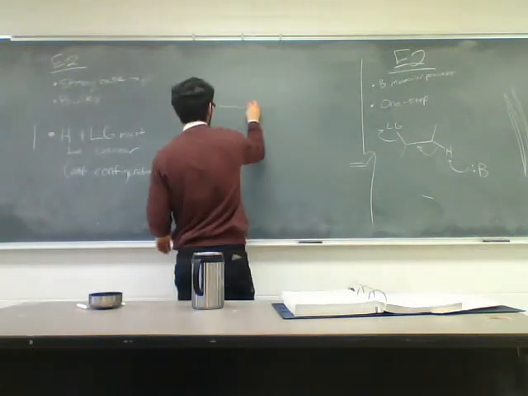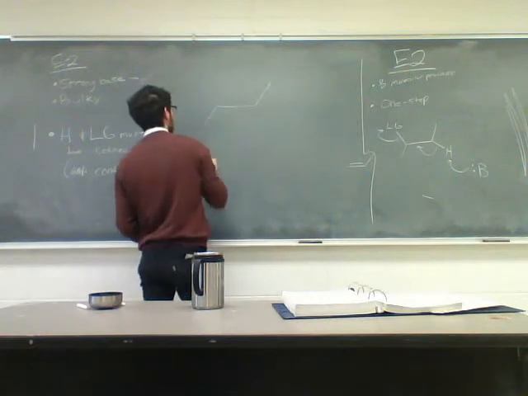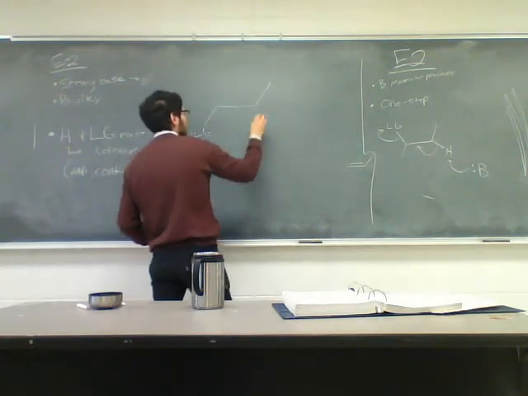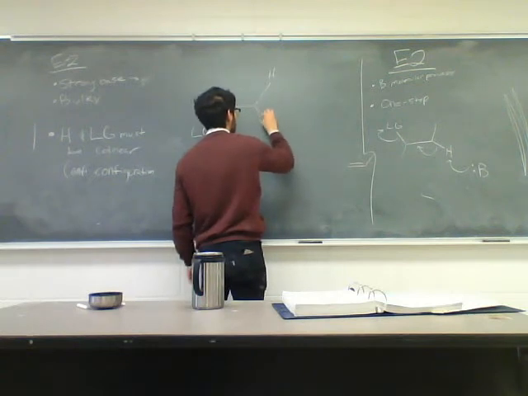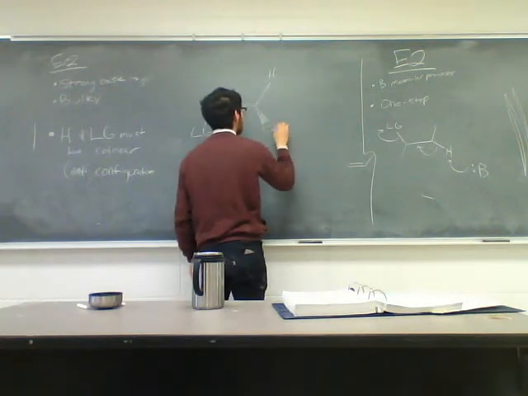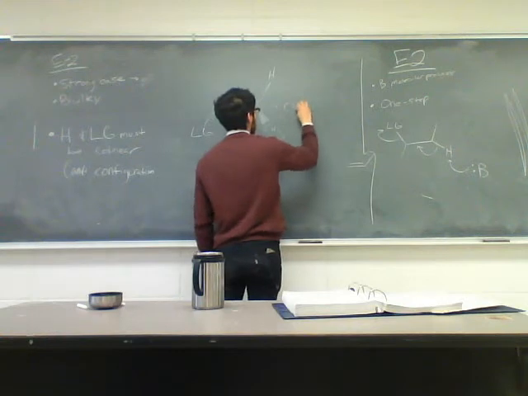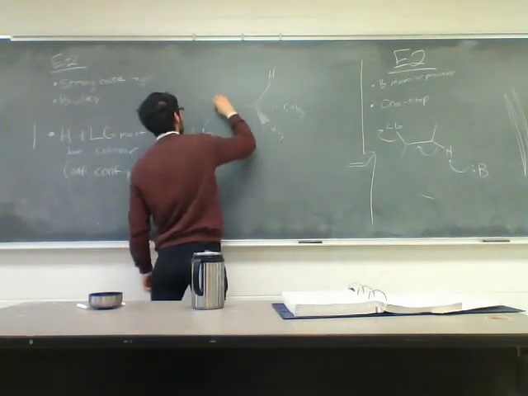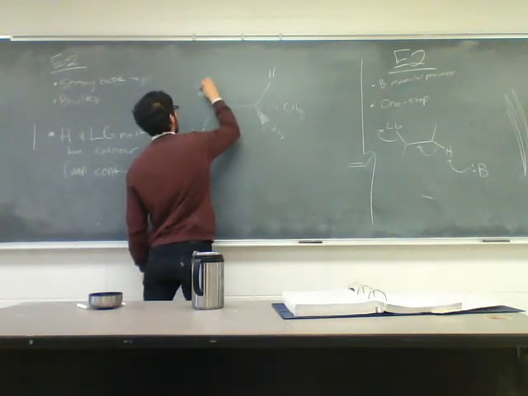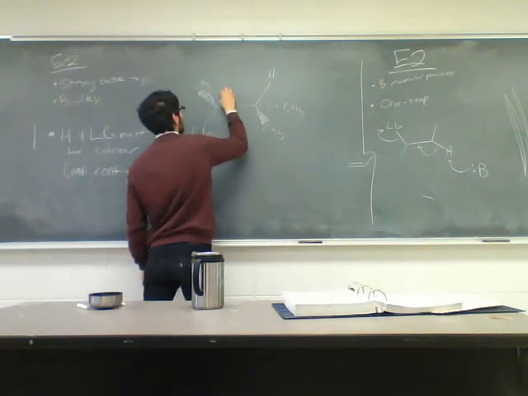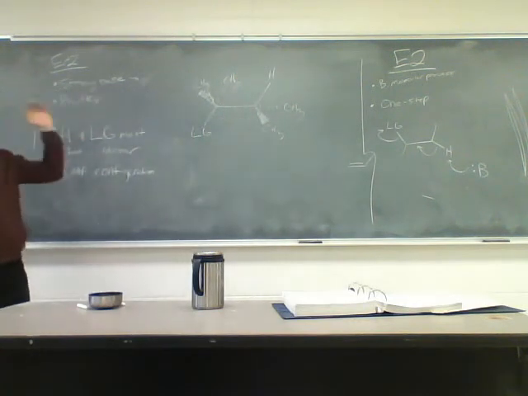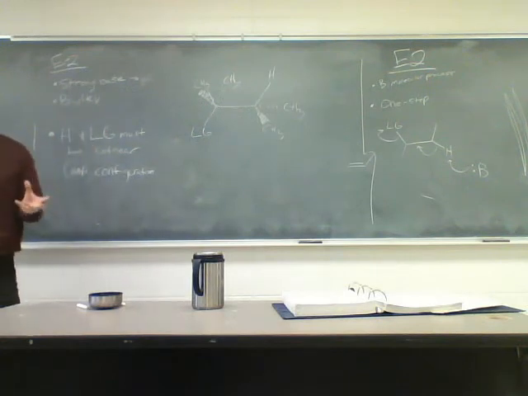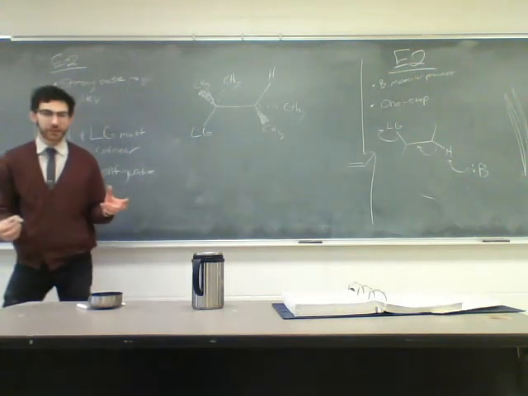If I were going to just draw a nice straight stick model, our leaving group and our hydrogen to leave is up there. Let's put some non-hydrogens here. So we have to have this configuration for the E2 reaction to take place.